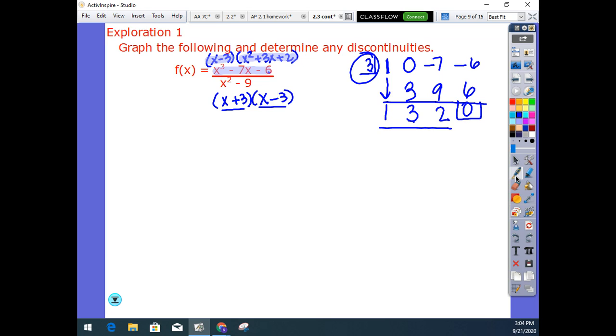Now, are there any factors that we can cancel from top to bottom? x minus 3. Because there is a hole at x equals 3, there is a removable discontinuity.